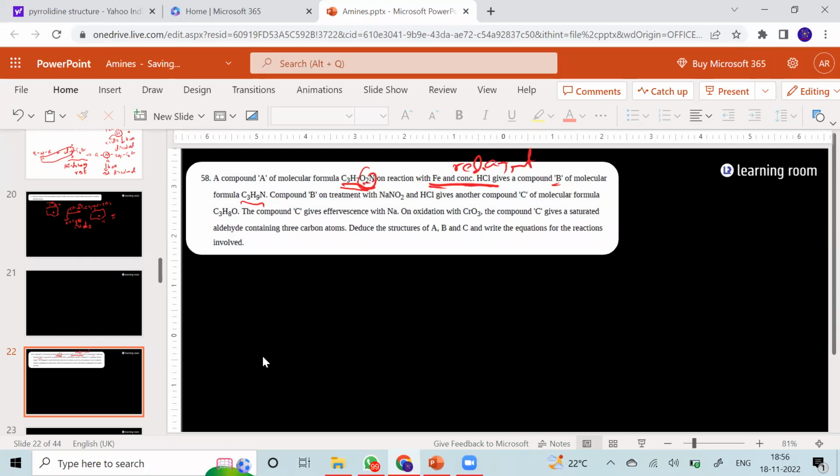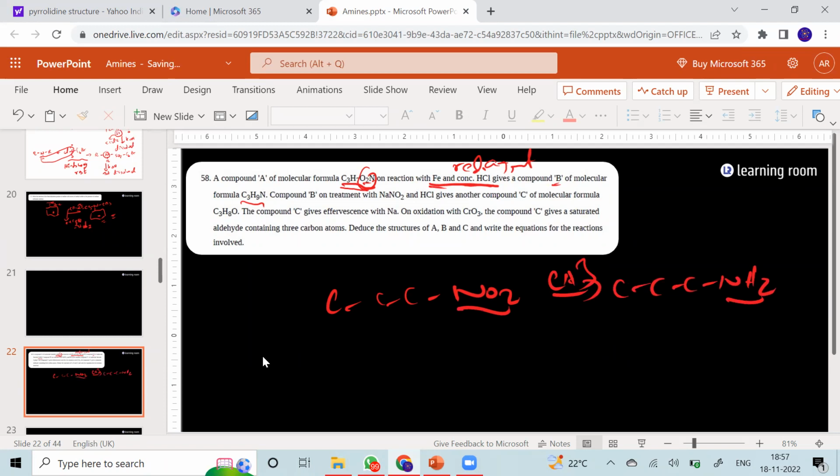You see 2 oxygen atoms, 1 nitrogen atom, and C3H7, so all I can think of is 3 carbon atoms having NO2. On reduction, NO2 will get reduced to NH2. That will be CH3, CH2, CH2, NH2. This would have been the product.